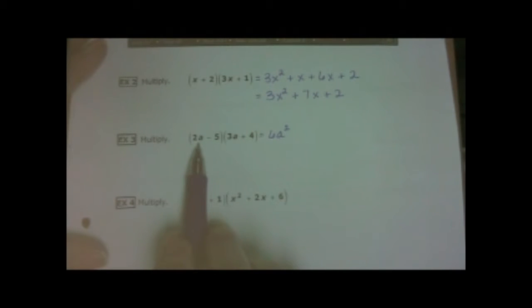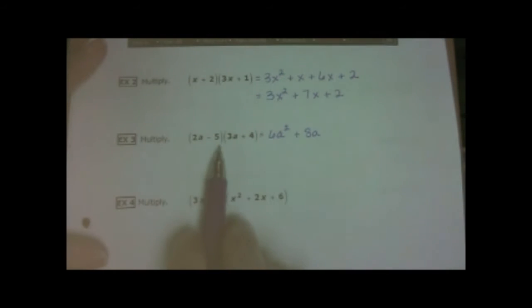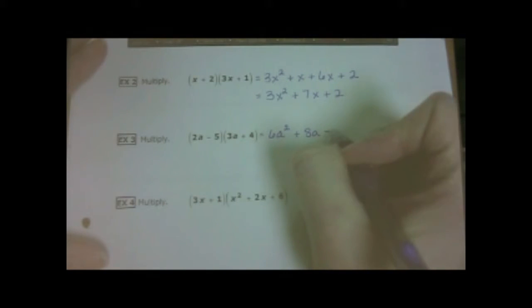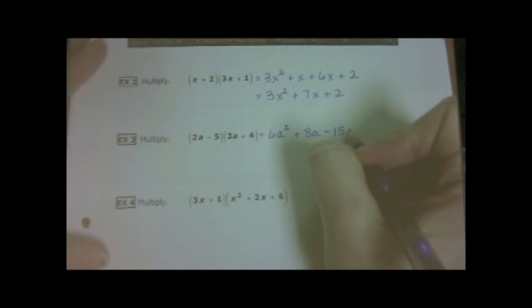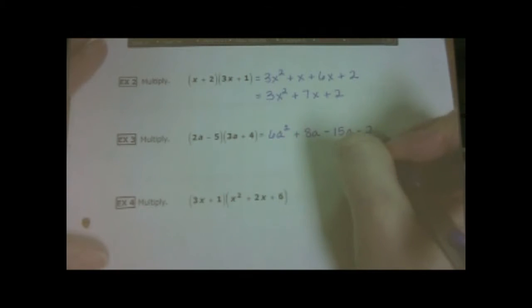My outers, 2a times 4 is plus 8a. My inners, negative 5 times 3a is negative 15a. And my lasts, negative 5 times 4 is minus 20.